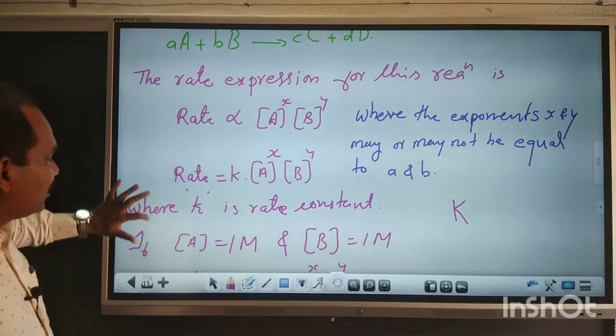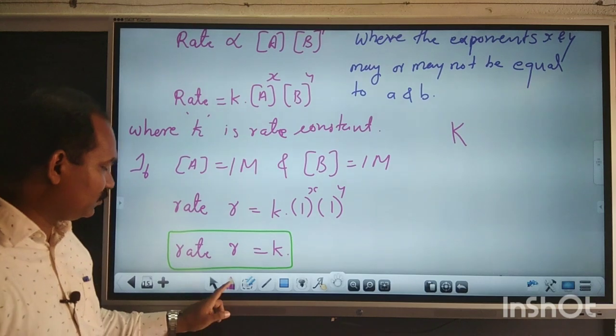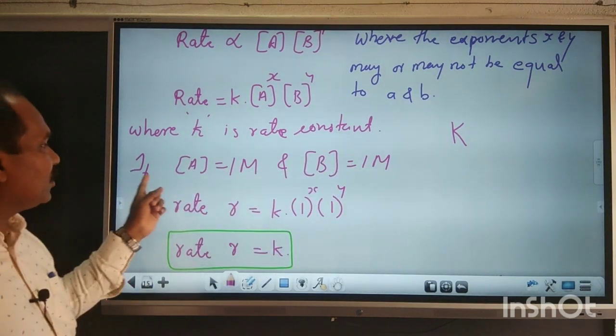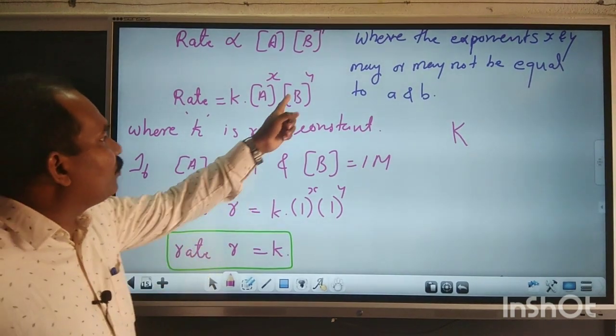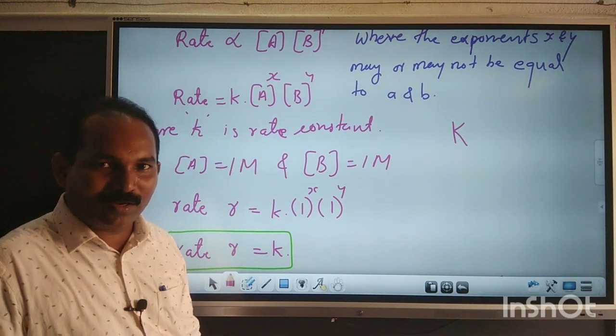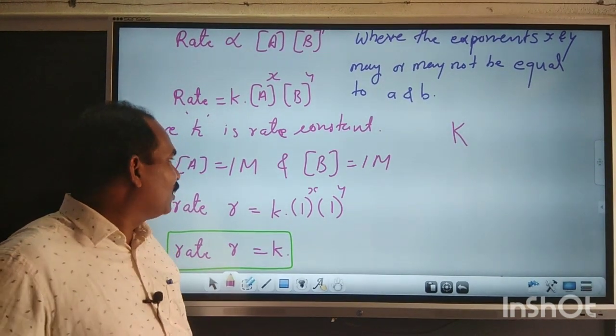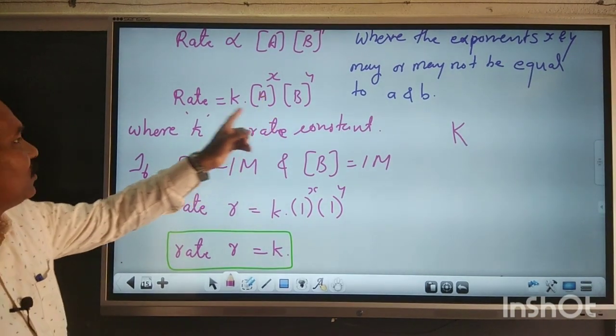Okay, then we put a condition. If the concentration of A is 1 molar and B is 1 molar, we can say that it is unimolar. Uni means 1. Then put the values in the above equation.